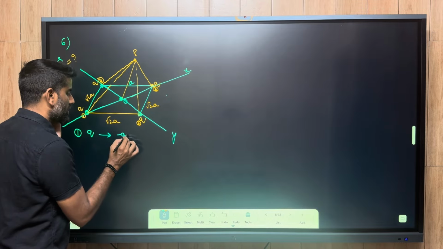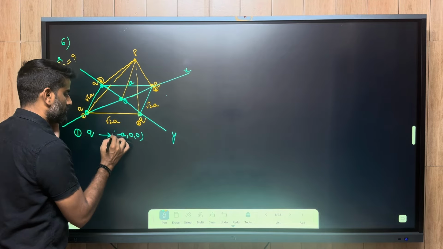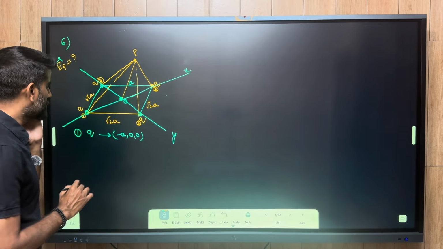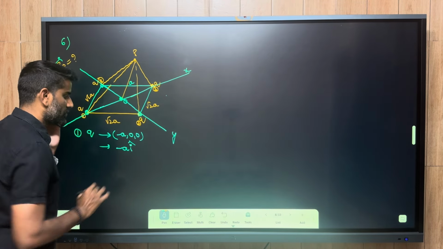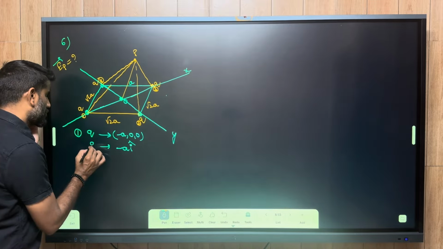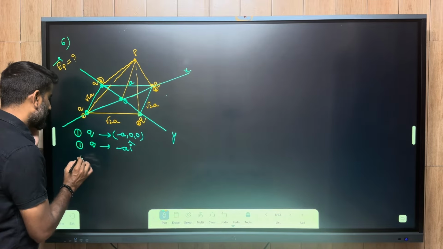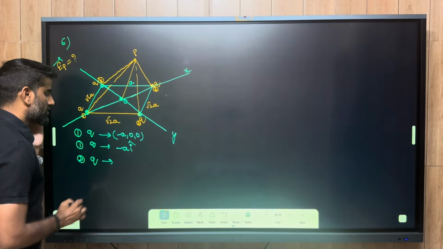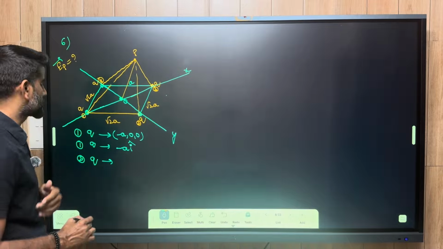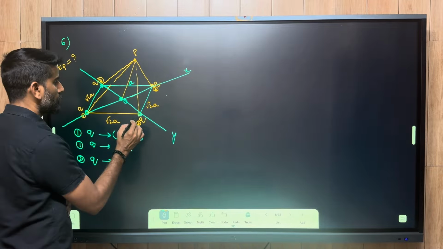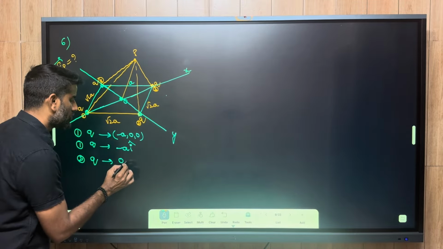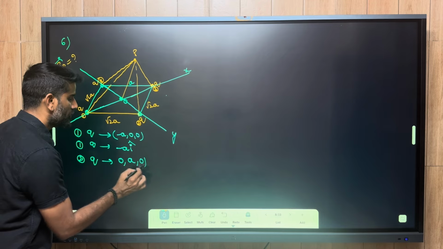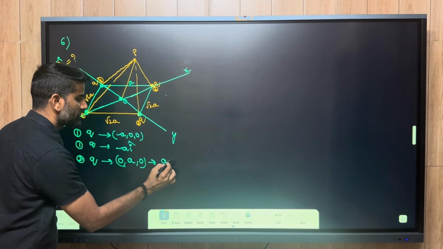So (minus a, 0, 0), in vector notation minus a i cap. I am directly writing the vectors of each charge. q2 is on the positive y axis, x component is 0, (0, a, 0), in vector notation it is a j cap.